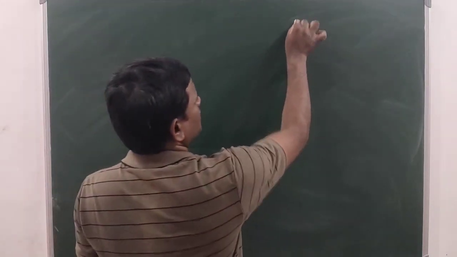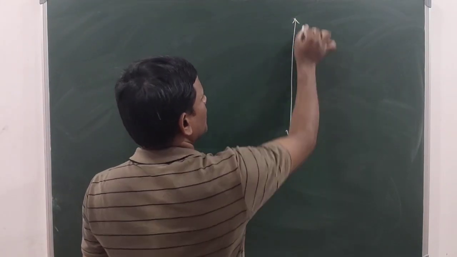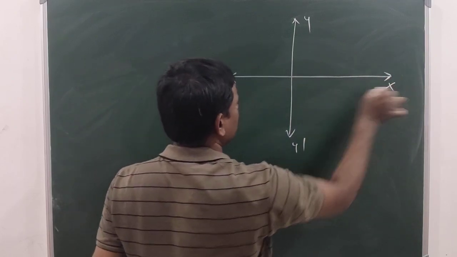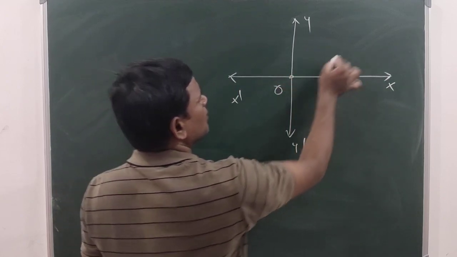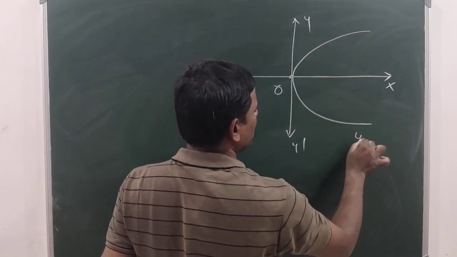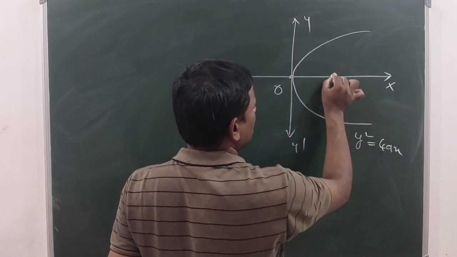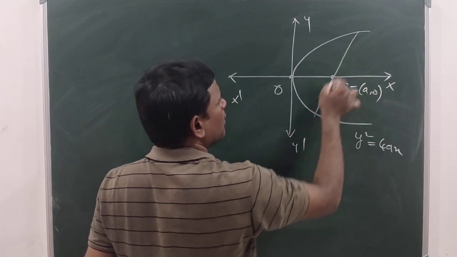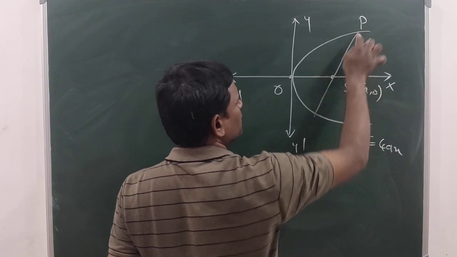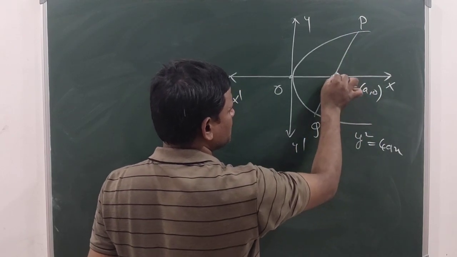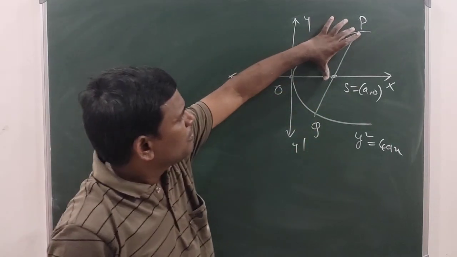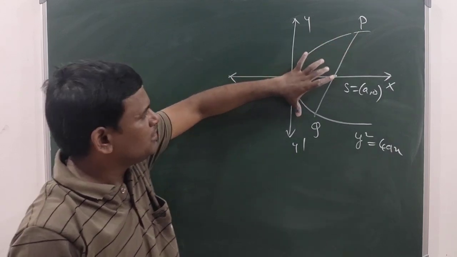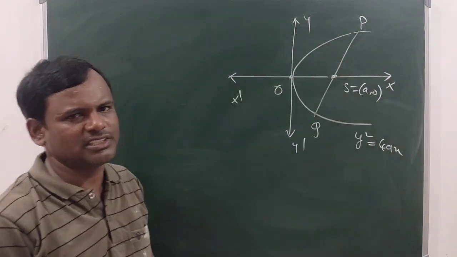See here. Y dash, x dash. This is the origin. Now what is the standard form of the parabola? Y square equal to 4ax, and you know this is the focus, whose coordinates are a comma 0. Let us take this SP as a focal distance, and this SQ also a focal distance. So SP is one line segment, and this is one more segment, which are nothing but focal distances.